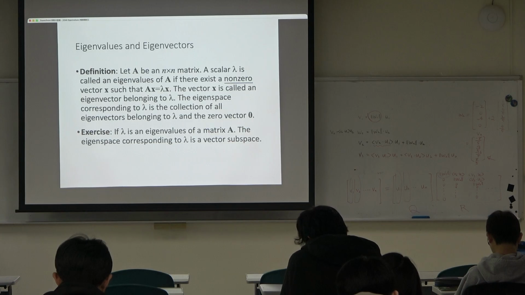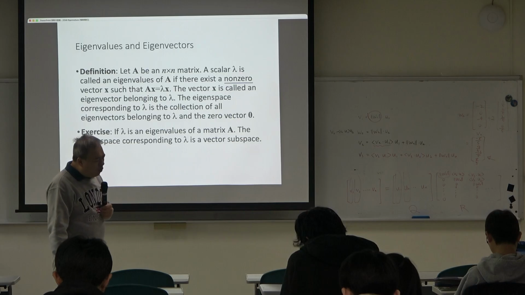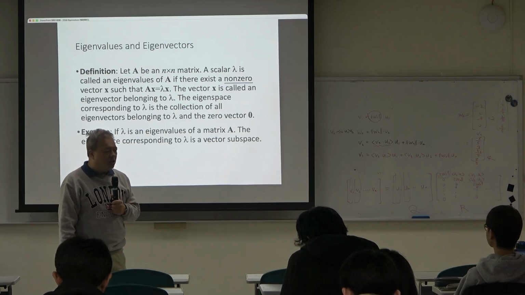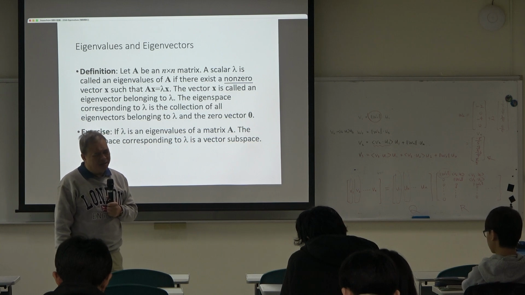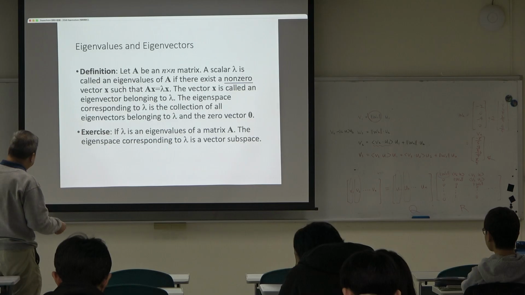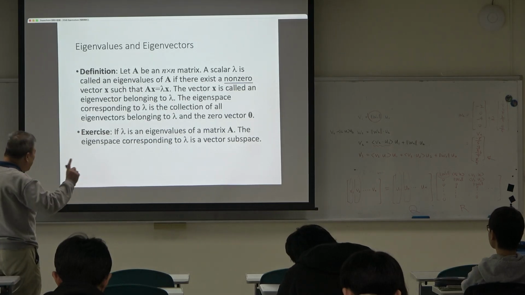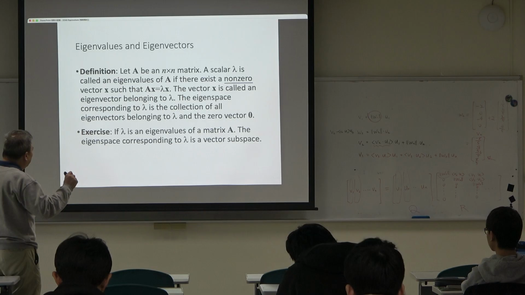An important concept to know is that for one eigenvalue, you could end up with multiple eigenvectors. The eigenspace corresponding to one eigenvalue lambda is the collection of all eigenvectors belonging to lambda and the zero vector.